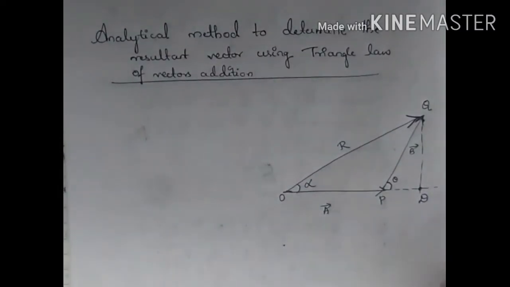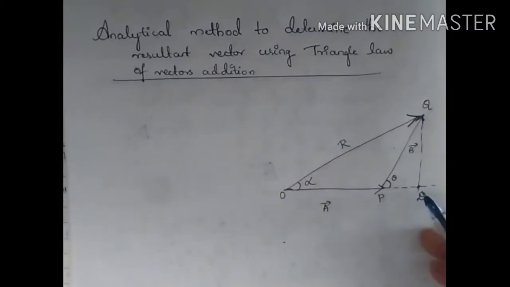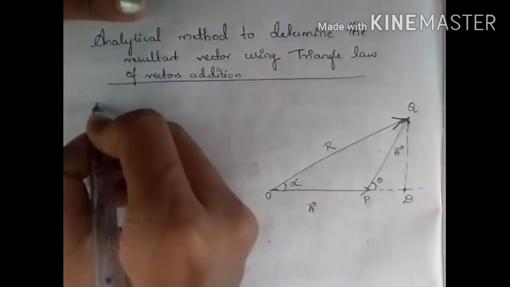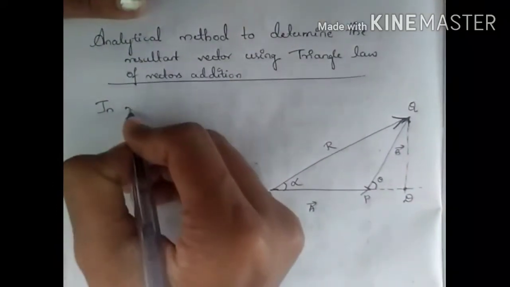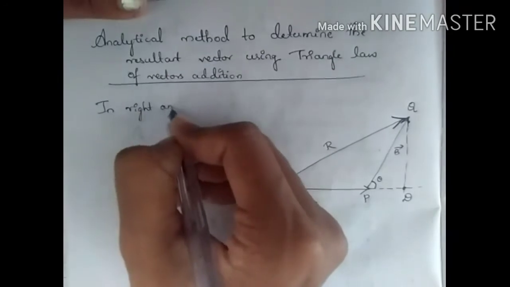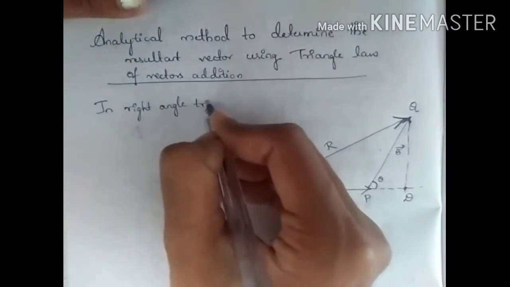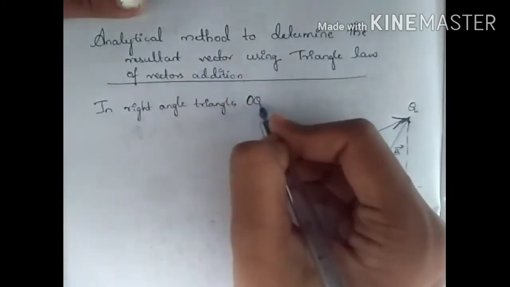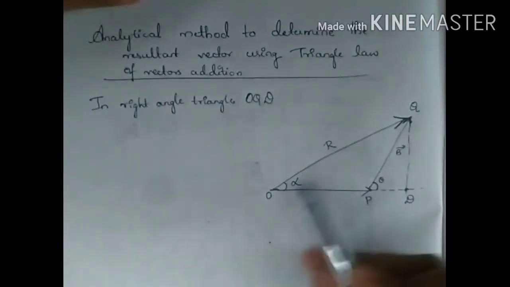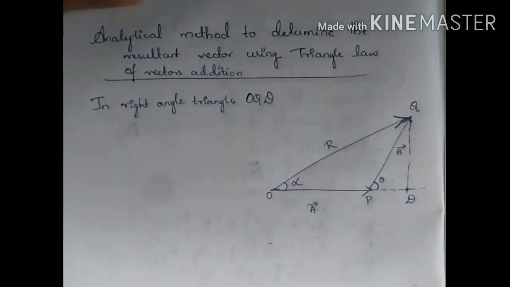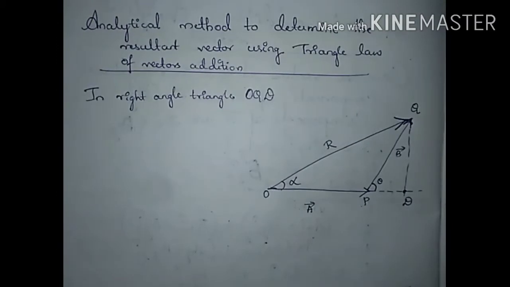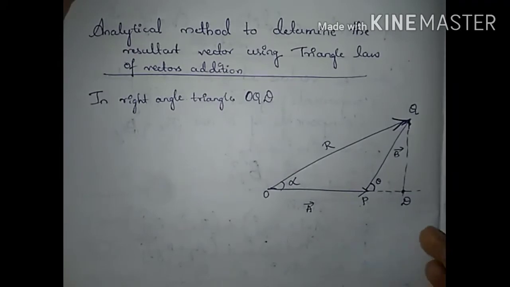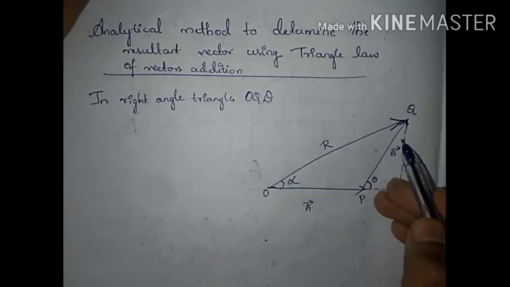Now from the right angle triangle OQD, what can you write? So OQ square is equal to OD square plus DQ square.